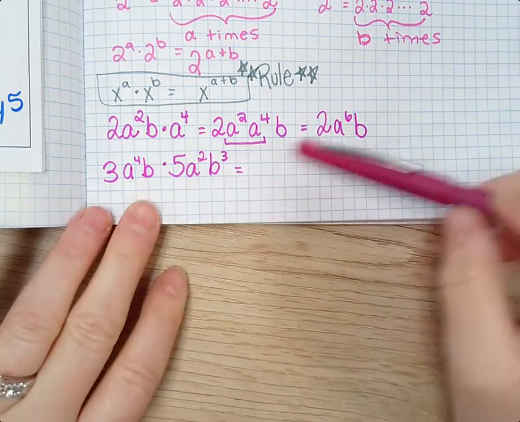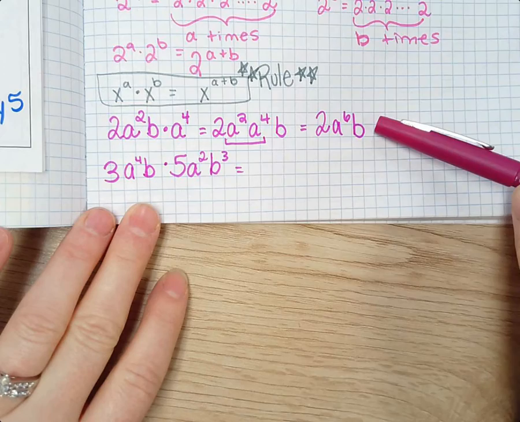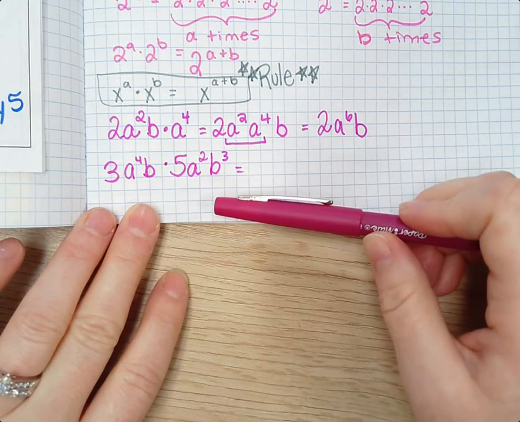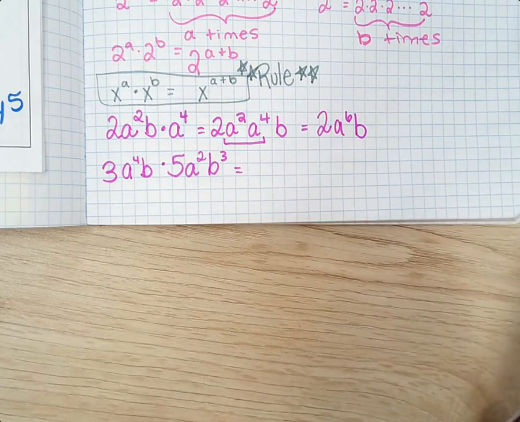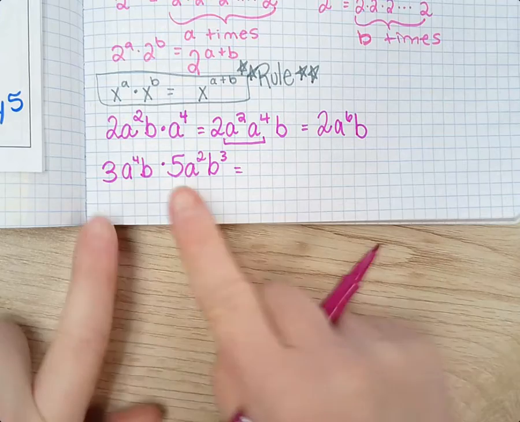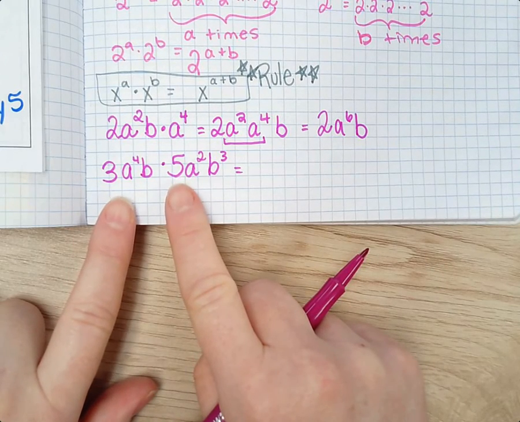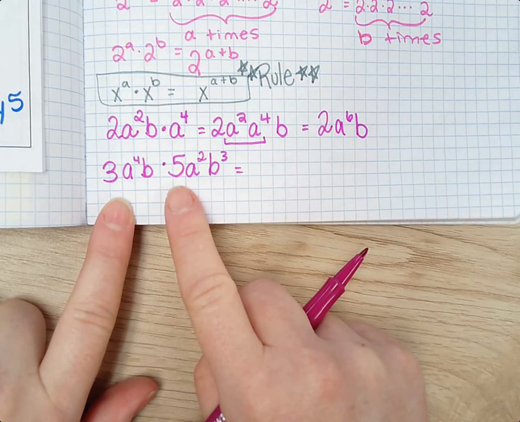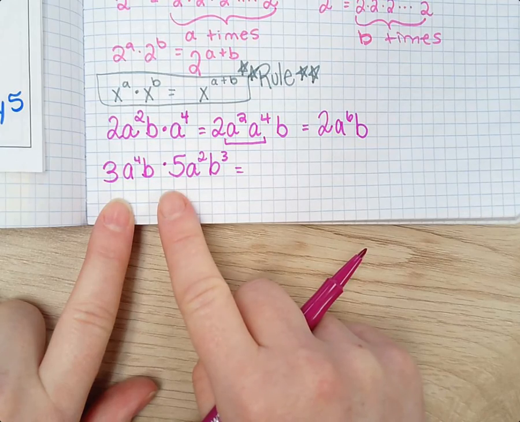So on that last one, I can rearrange. This one I need to rearrange too. So what do I need to put right next to each other? The a's right next to each other and the b's. What about these constants out here? What do I need to do with those?